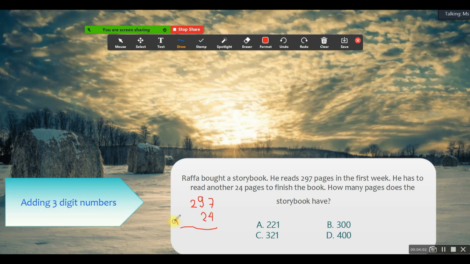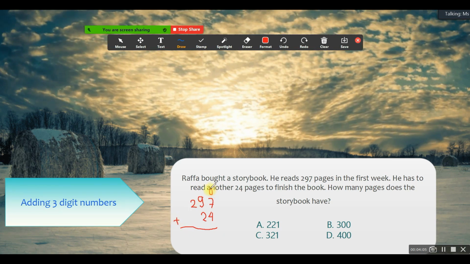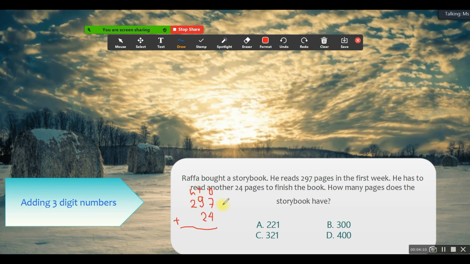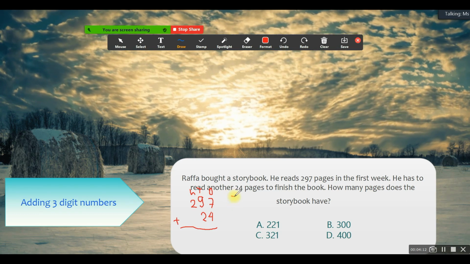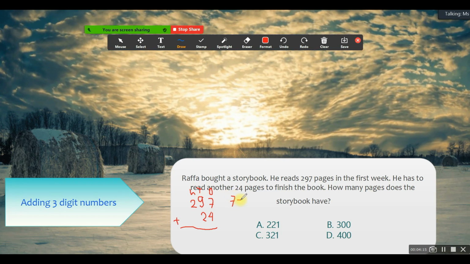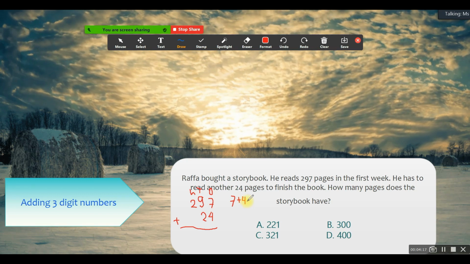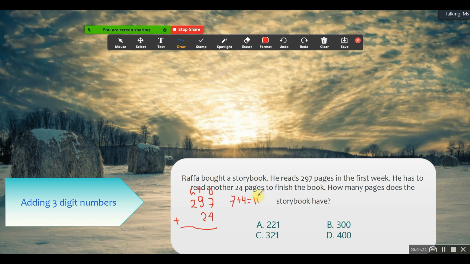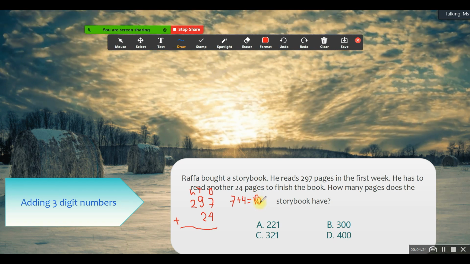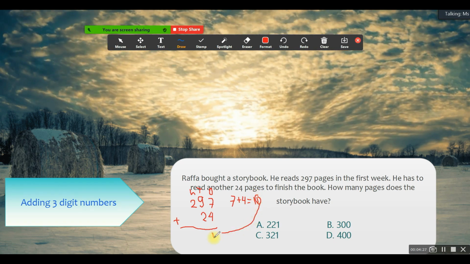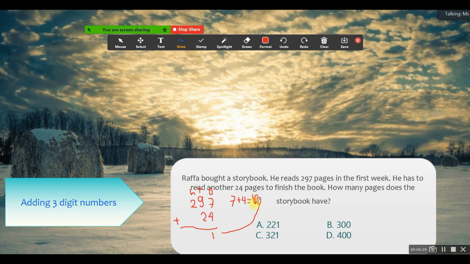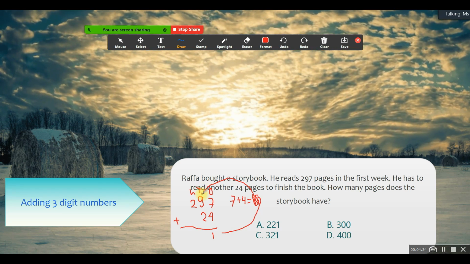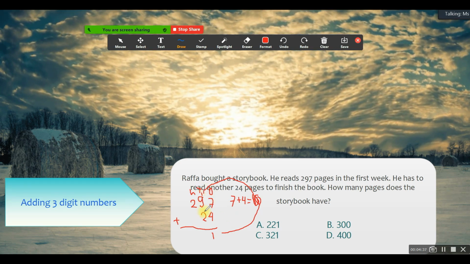297 plus 24. This is the ones, this is the tens, and this is the hundreds, right? 7 plus 4 equals 11, so we put 1 here and we keep 1 to the tens.